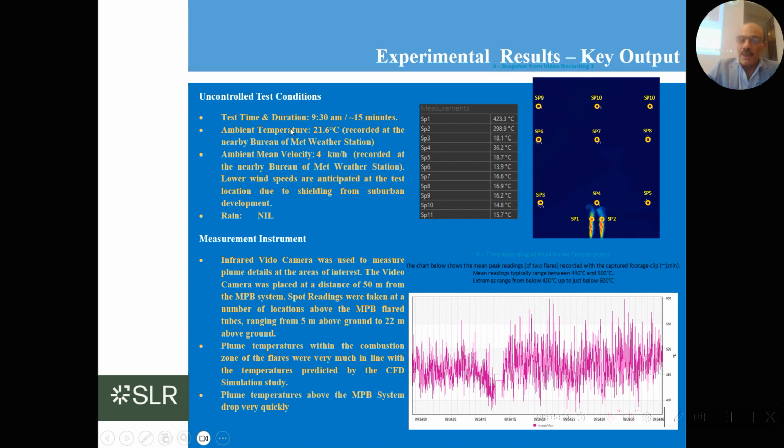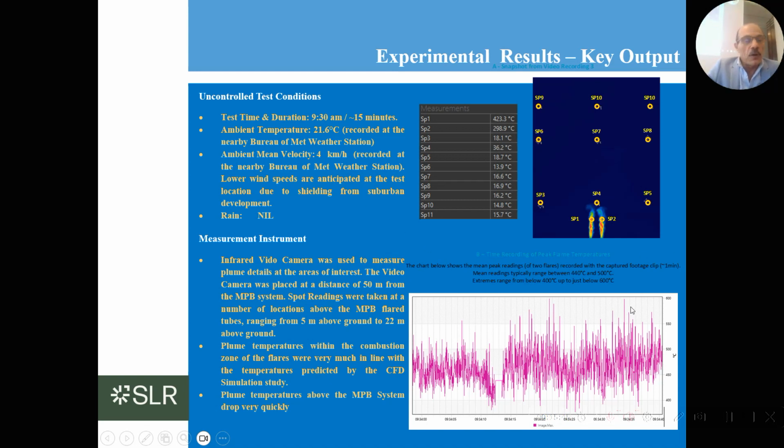We had an ambient temperature of 21.6 degrees and an ambient mean wind velocity of 4 kilometers per hour, and lower wind speeds are anticipated at the test locations due to the shielding from suburban buildings. There was also no rain during the test.